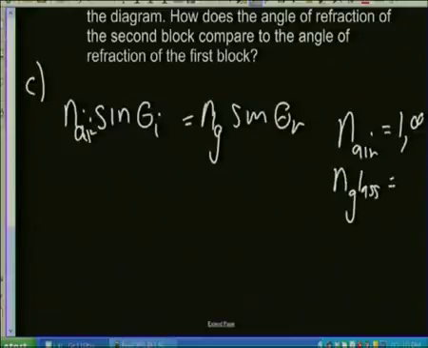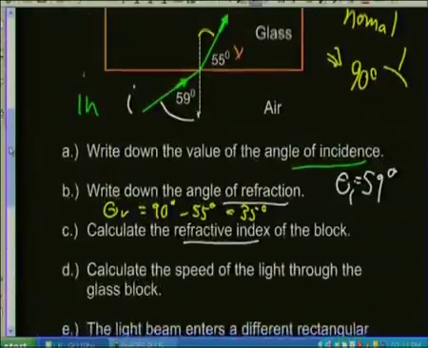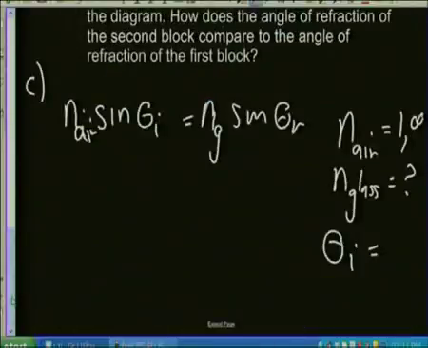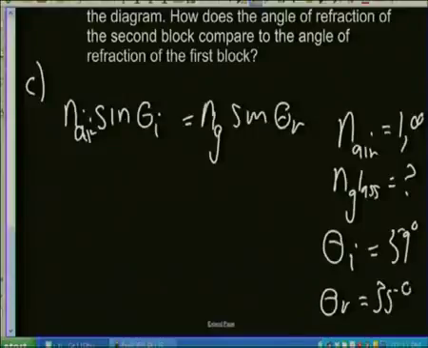That's what we've got to try and find. For the angle of incidence, we just read it off the diagram. It's 59 degrees. And the angle of refraction was 35, because we subtracted from 90 to get the 35. So if I'm wanting to get the answers now, all I've got to do is substitute those values in.